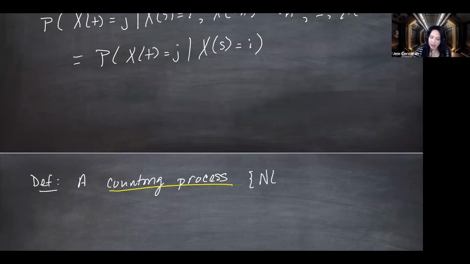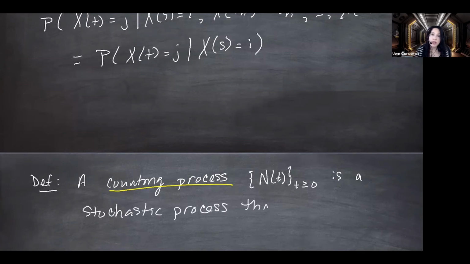So a counting process. I'm going to use brackets to denote the whole process, not a particular single random variable, and I'm going to use a capital N of t, with a subscript telling me that t, which is continuous in this case, runs over all non-negative real numbers. It doesn't have to be continuous time, but the way I've written it, it is. It is a stochastic process, not saying it's Markov, that counts the number of events that occur up to and including time t.